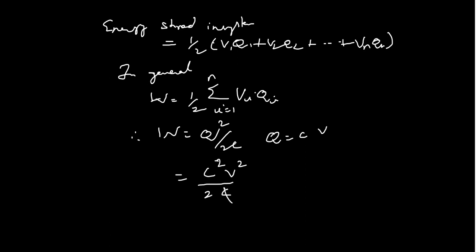Here this gets cancelled. Therefore W, that is the work done, is equal to half CV squared joules. This is the work done, that is the energy.